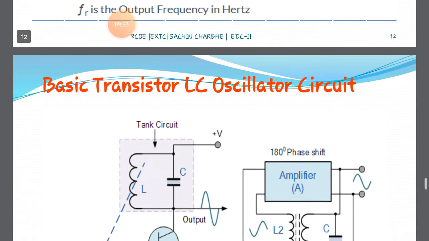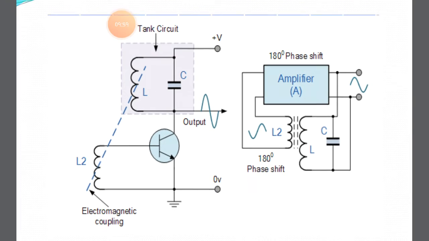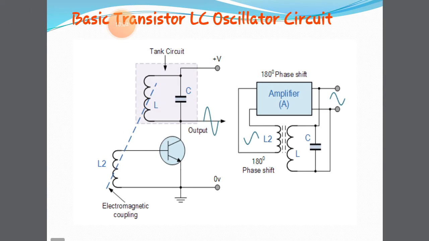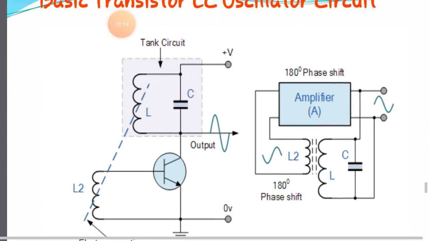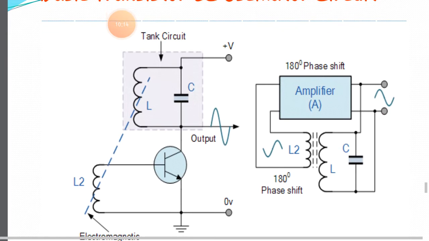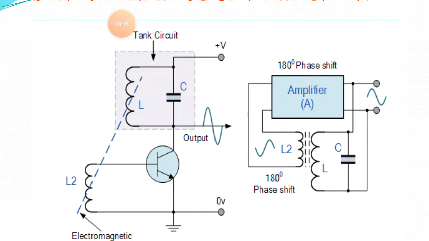Now here we take the basic transistor LC oscillator circuit. We use a single transistor, a common emitter amplifier circuit. On the input side we use the inductance L2, and on the collector side we use the inductance L with the C, and we are getting the output.